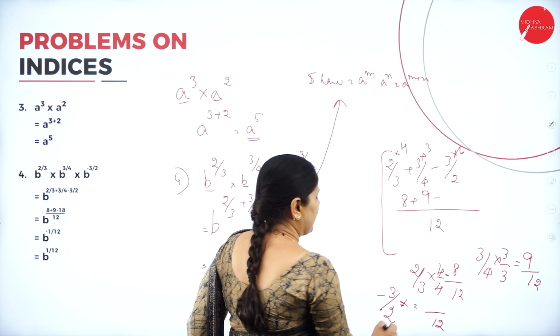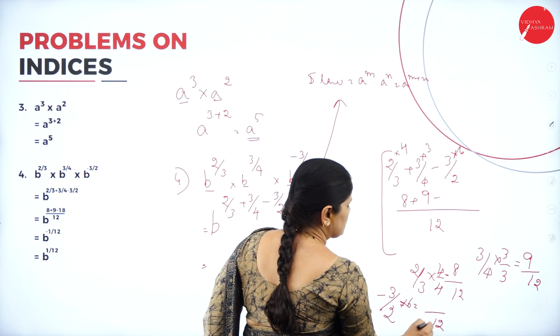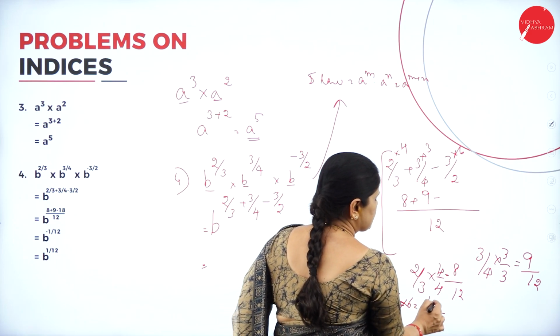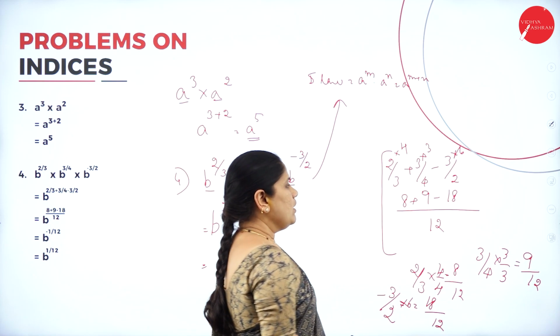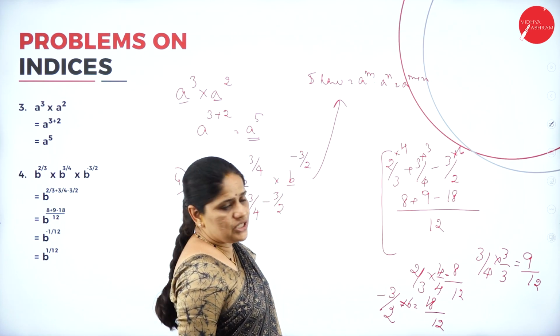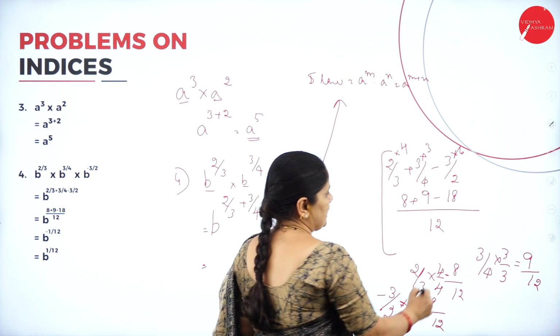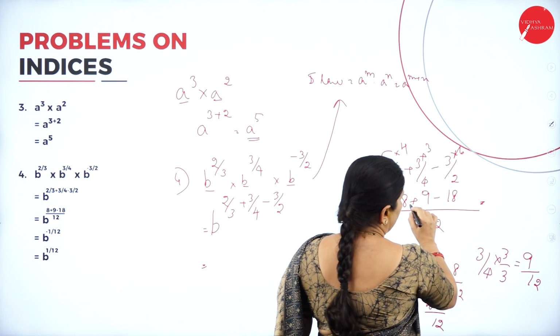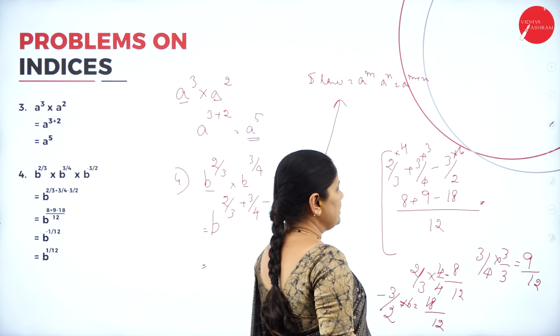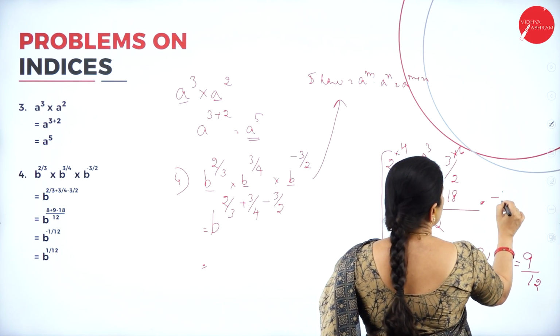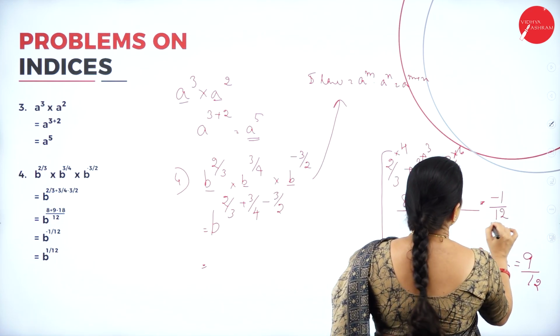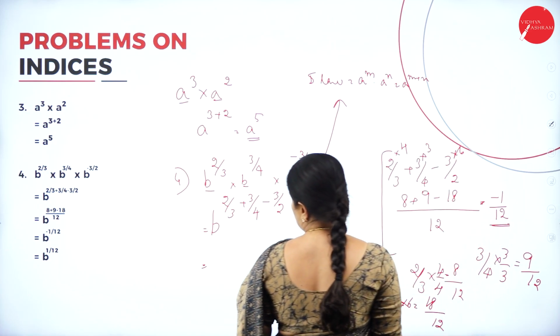So, I am multiplying 2 into 6. 2 6s are 12, 3 6s are 18. So, minus 18. Once you get this expression here, what will be the next simplification? 8 plus 9 is 17, 17 minus 18 is minus 1. So, minus 1 by 12 is the answer.